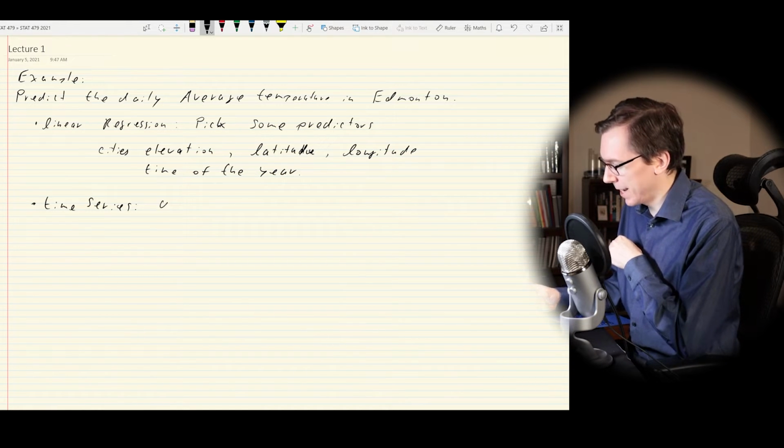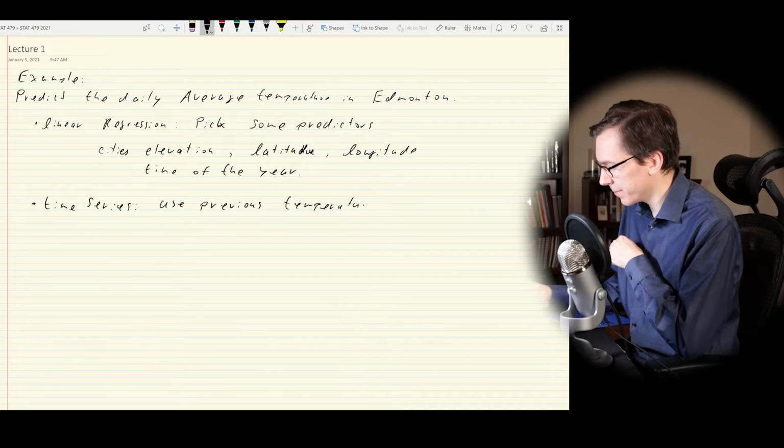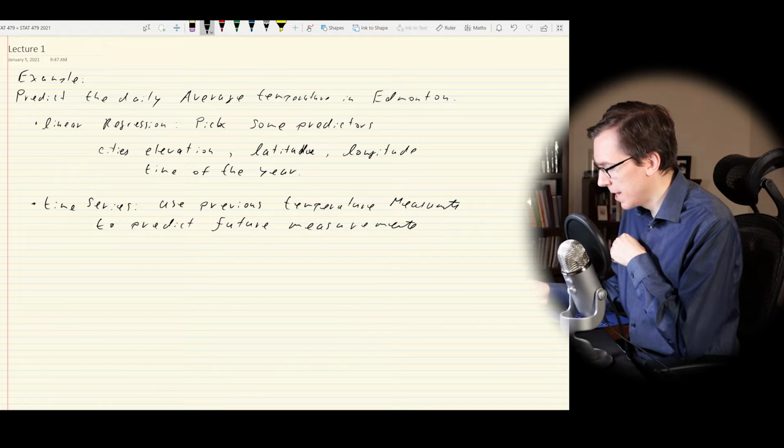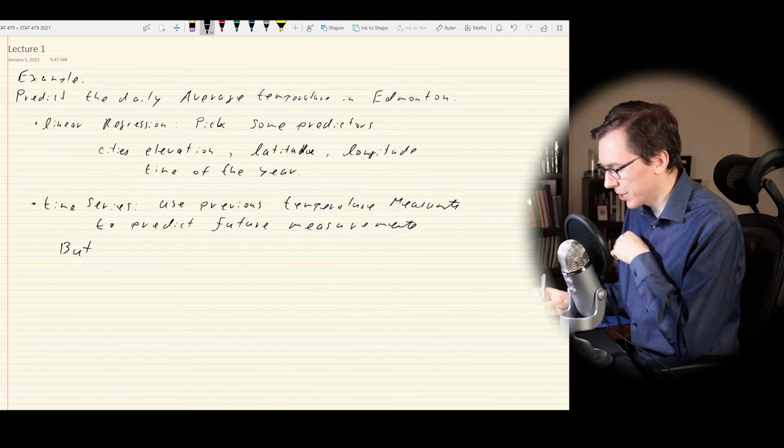So in the time series context, we use previous temperature measurements to predict the future measurements. But this leads to some complications. Basically, the problem gets harder.